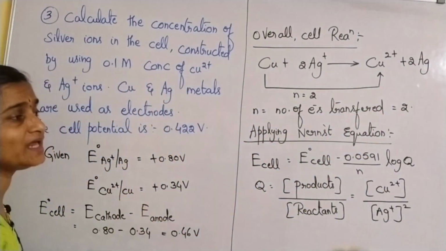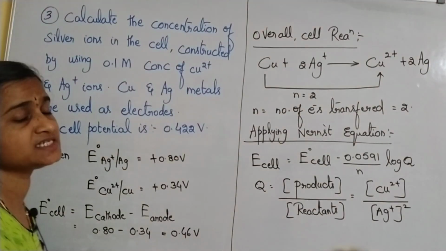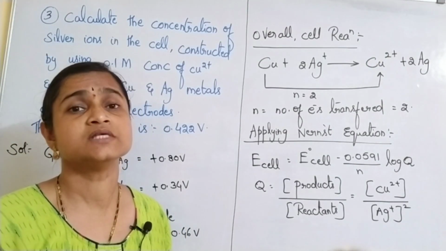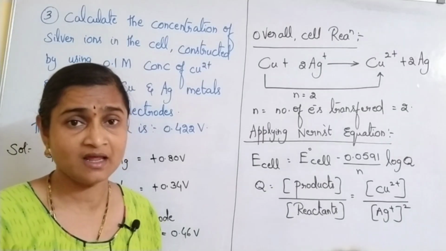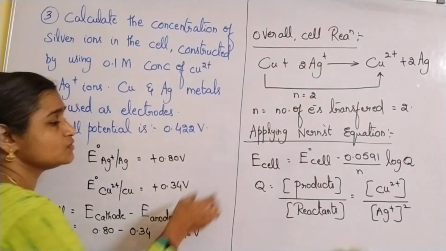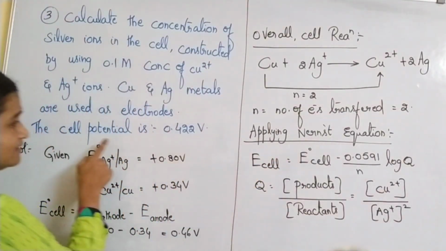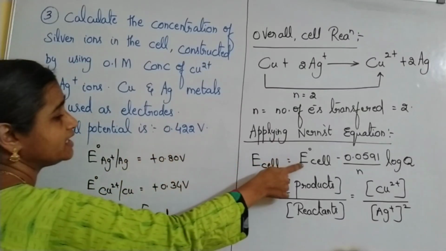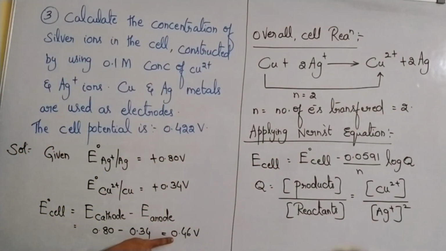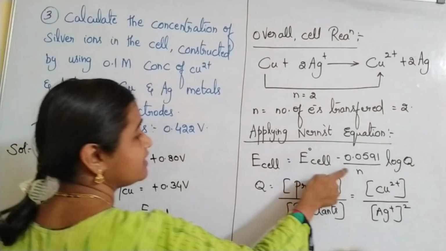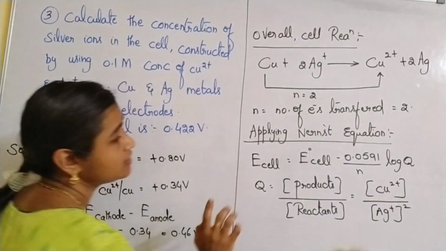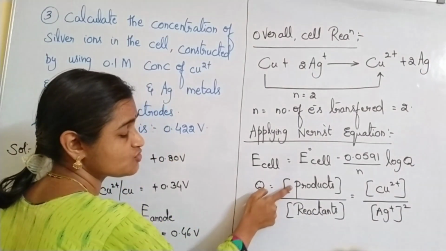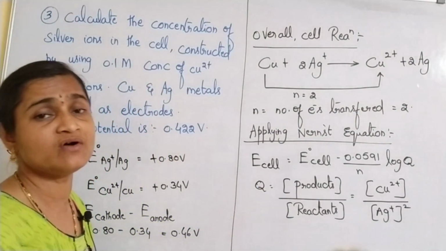Now you can apply the Nernst equation. E of cell equals E naught of cell minus 0.0591 by N log Q. E cell is given as 0.422 volts, E naught of cell we got as 0.46 volts, and N we got as 2. Log Q means what? Q is the concentration of products by concentration of reactants.